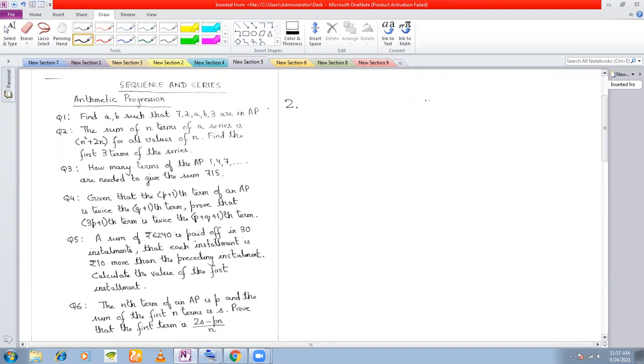Find the first three terms of the series. Now, see here the sum is given, and we have to find out the terms of the series, right? So I have sum of n terms is given. So here what is given? Sn is equal to n square plus 2n, right?